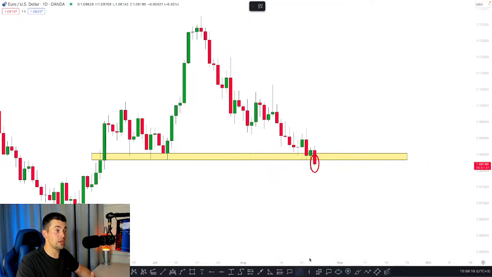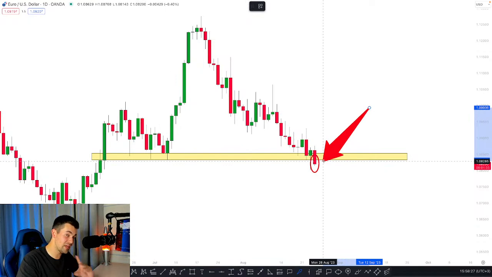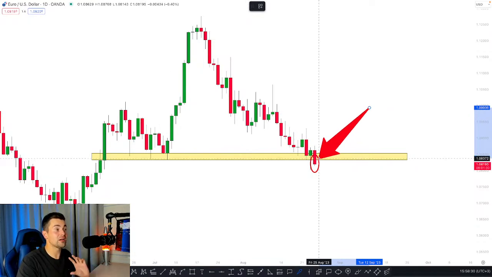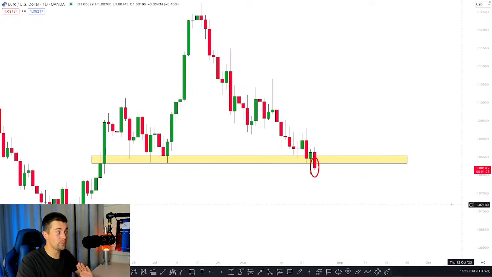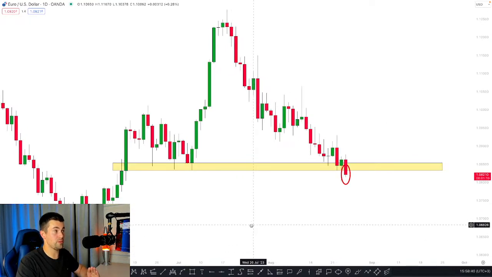So, traders, if euro dollar breaks and closes below that daily structure support, if today's daily candle closes below that, it will be a strong bearish signal, and then we will expect a further bearish continuation on the pair.